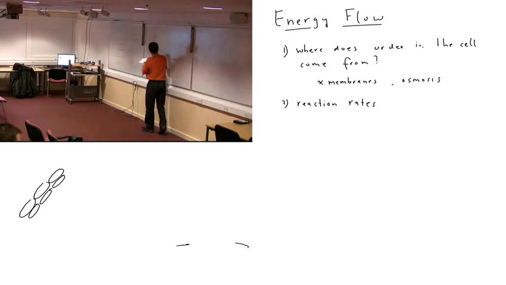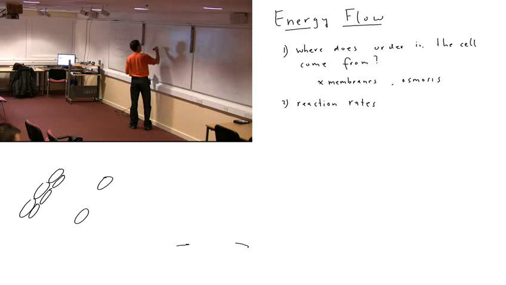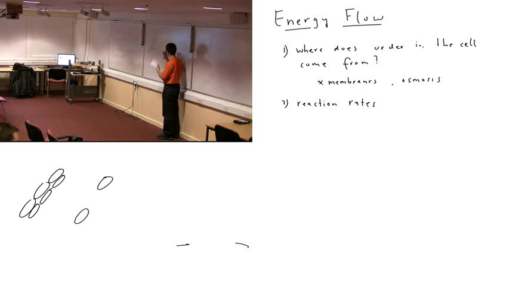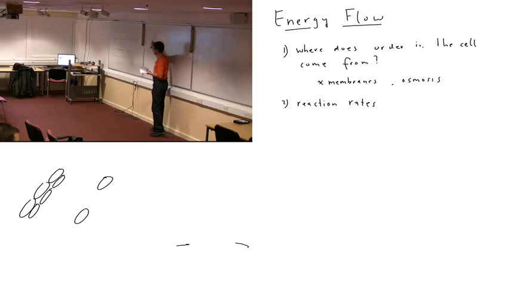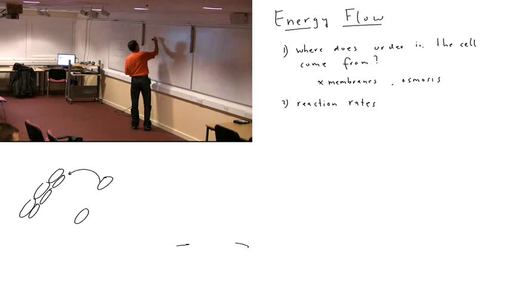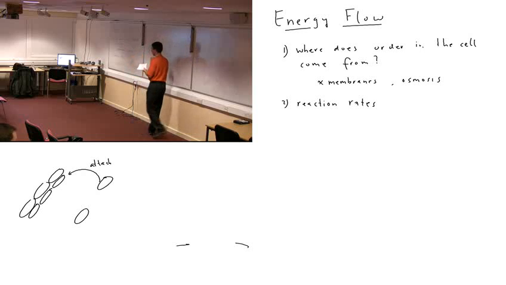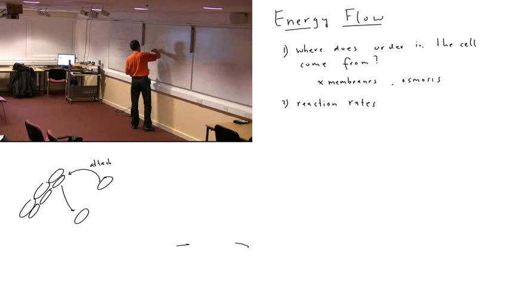And the question is, how does such a structure manage to grow? If you have a soup of other protein building blocks floating around there, how do they attach, and at which rate do they attach to this larger structure, and what determines that particular rate? There's a particular rate for such a protein to attach to the larger structure, but there's also a certain rate for this to detach.